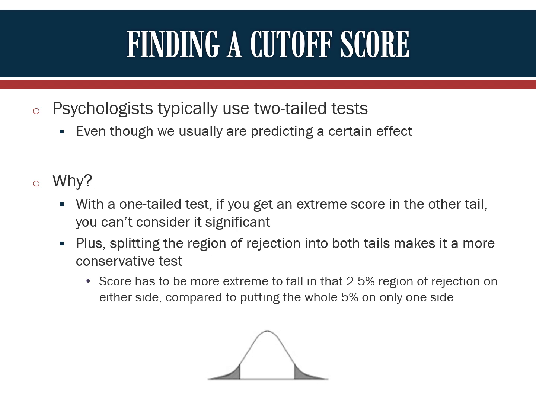And we'll talk about this idea in a little more detail when we come back from spring break as well. But basically the idea is it has to be farther out into the tail in order to fit into a 2.5% region of rejection compared to a 5%. That means it has to be a bigger difference, right? A bigger effect of our IV in order for us to consider that it's significant. So we like this bonus that it's a more conservative test. It gives us a little more confidence that it's really a real effect.